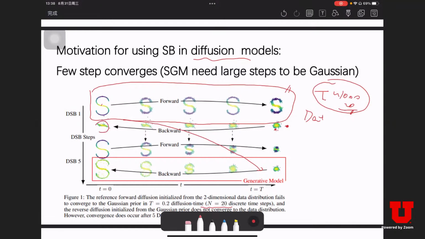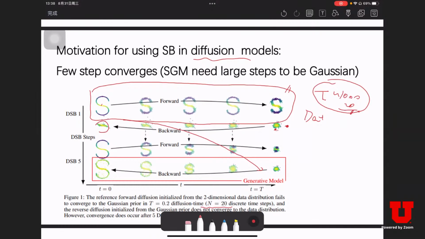That's the reason why big models like DALL-E take lots of time. It is very time consuming to draw a new sample from the trained model because T is too large.